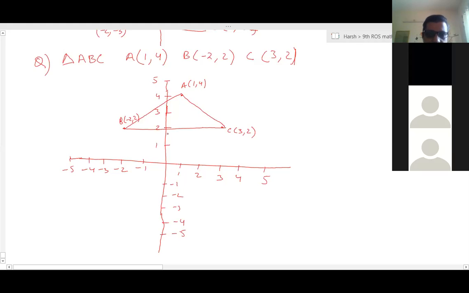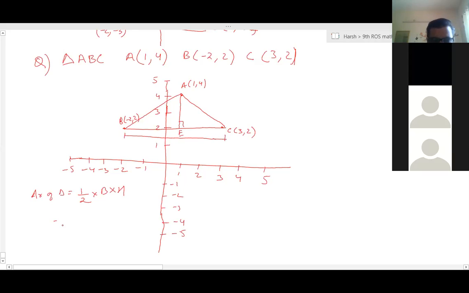Okay. Now, what is the area of a triangle? Area of a triangle is half base into height. What is the base here? BC. This is the base. And the perpendicular AE will be the height.